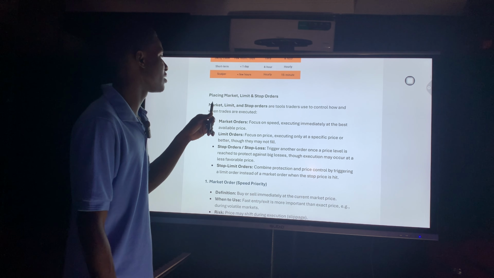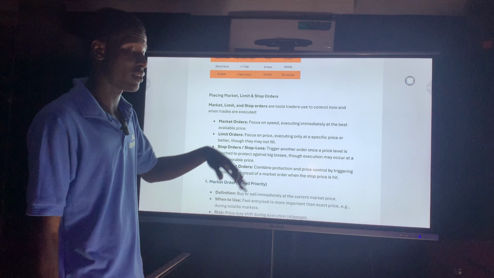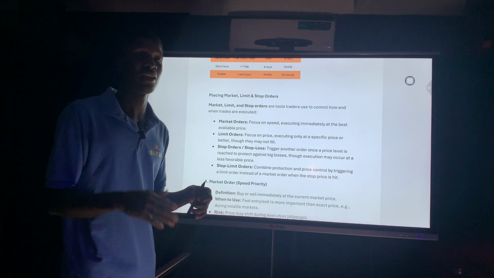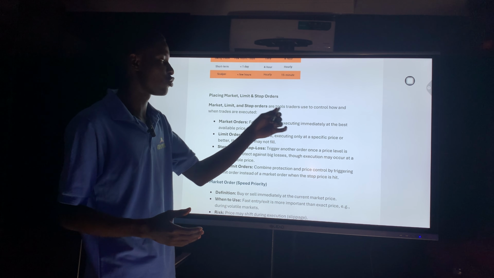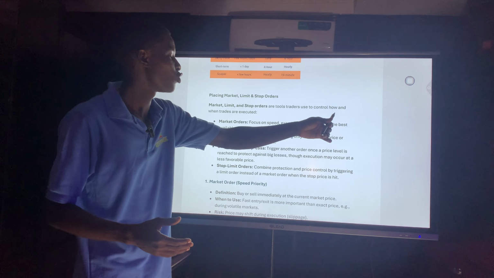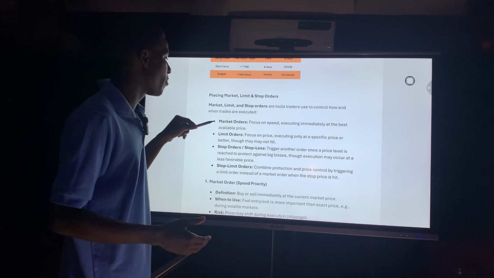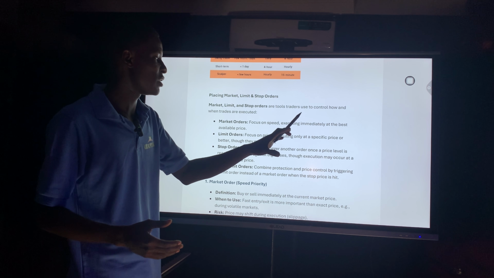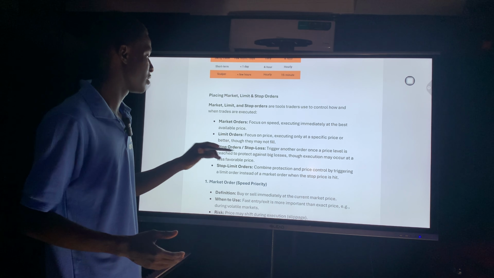So what are market, limit, and stop orders, also known as stop loss? Market, limit, and stop orders are tools traders use to control how and when trades are executed. Market orders focus on speed, executing immediately at the best available price.